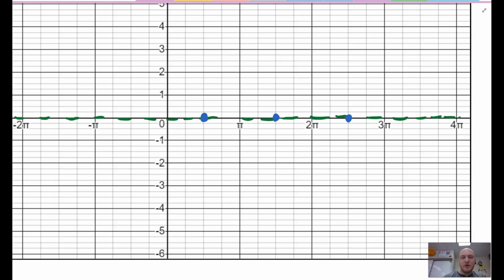And then in between, it looks like at pi, and then at 2 pi, we'll have our max and our min. So our amplitude is 2/3. So it's going to be roughly right here. And then for our minimum, about 2/3, roughly right there. So here is what one cycle of our function looks like.